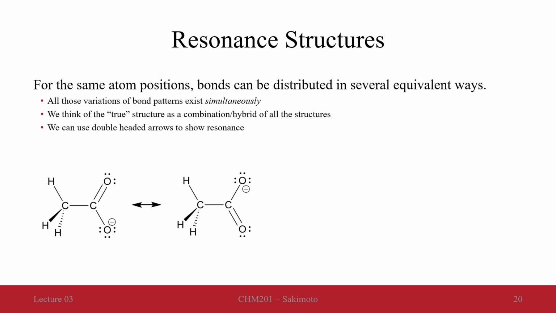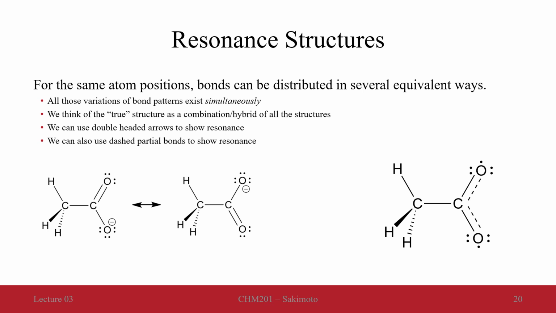The real structure of acetate is an intermediate, a mixing of a double bond and a single bond between these two. What we actually have here is what's called a resonance structure. The idea that we don't have a single bond and a double bond, but those two bonds will tend to mix together as orbitals do.